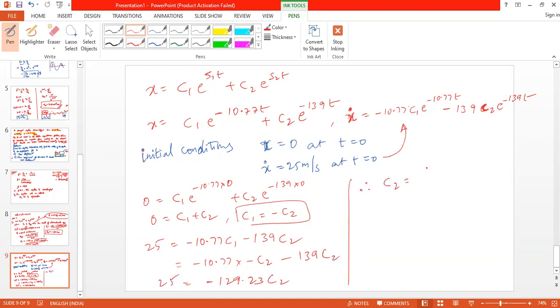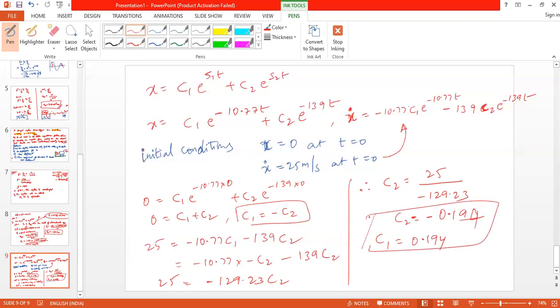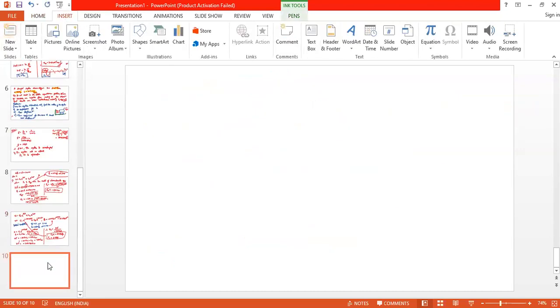Therefore, C2 is 25 divided by minus 128.23. So C2 is minus 0.194, and C1 is 0.194. Now I have the values for C1 and C2, I can substitute here, so I'll get an expression for x.